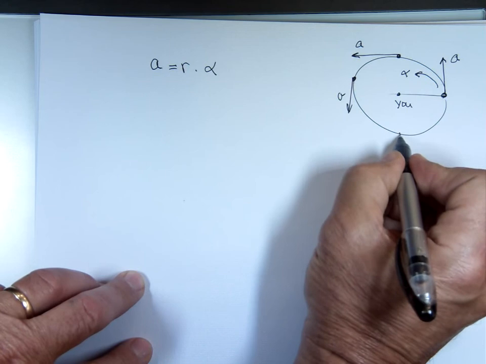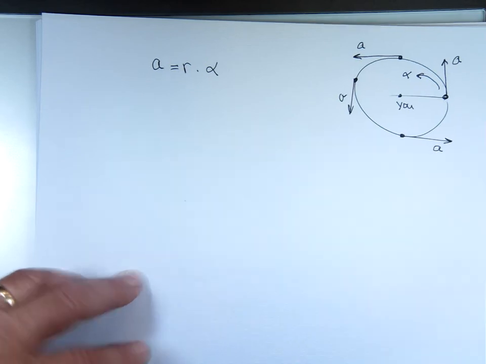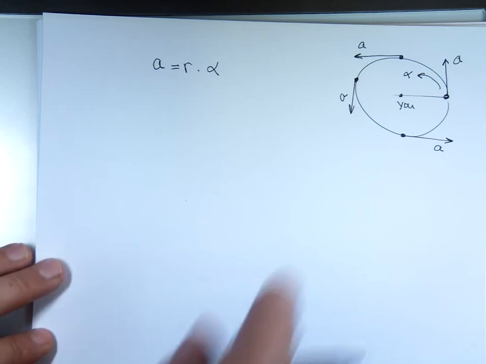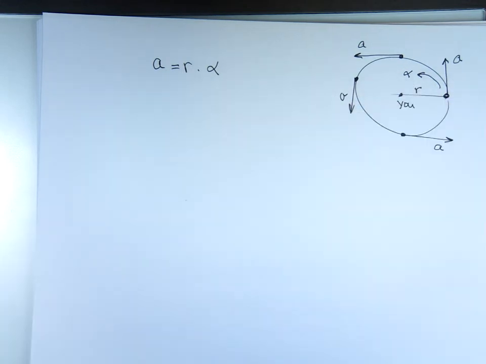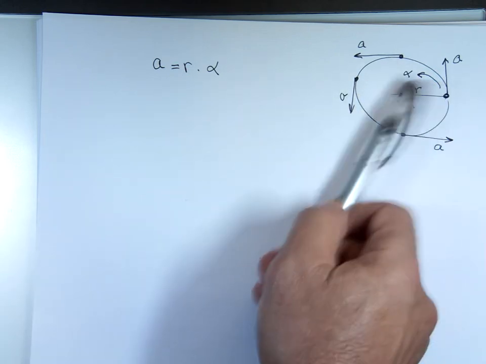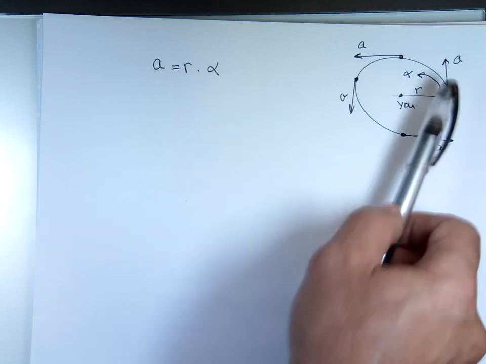So it depends where you are. But the direction might change, the value of A will always be R times alpha. What is the angular acceleration multiplied by R? That's the value of the tangential linear acceleration. It's called tangential because it's tangent to the point where it snaps. It's always going to be tangent to it.